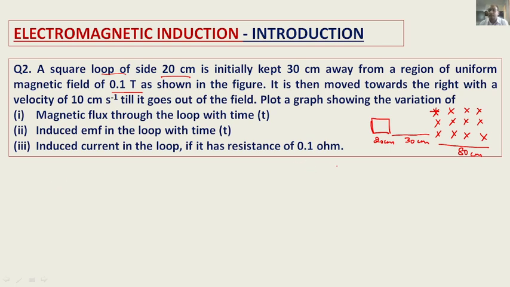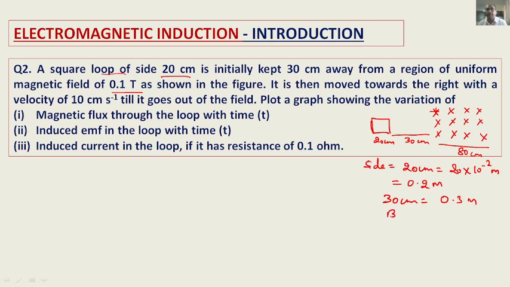So side 20 centimeter, we will convert it into meter, 0.2 meter, and 30 centimeter will be equal to 0.3 meter.